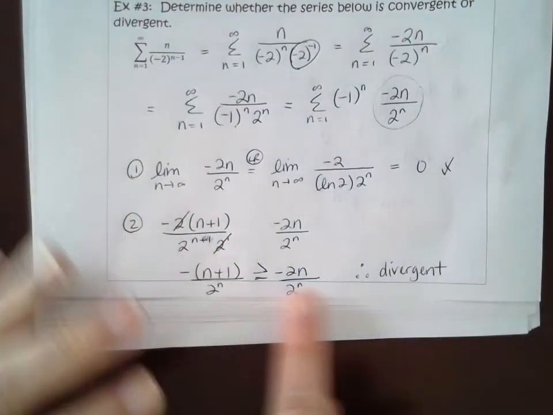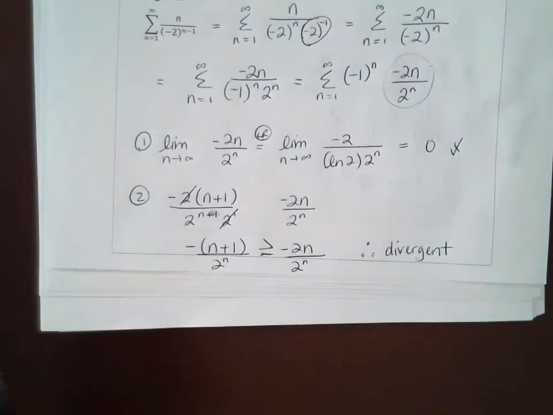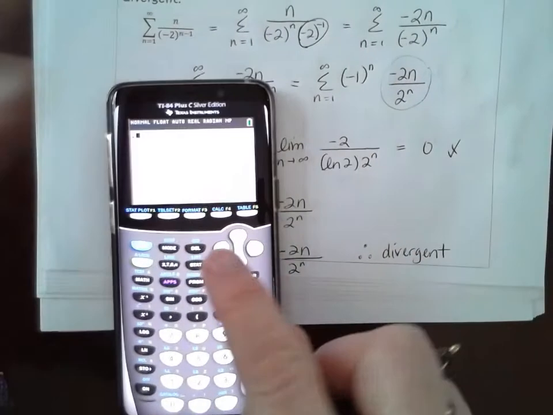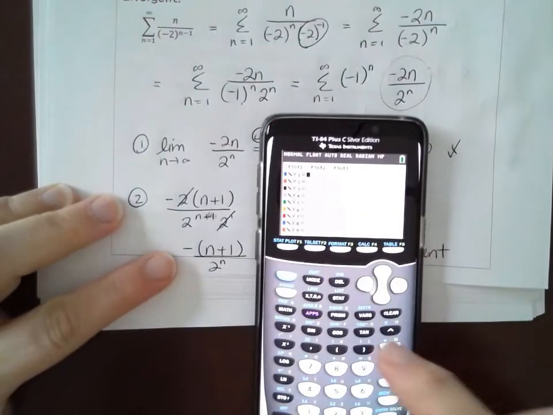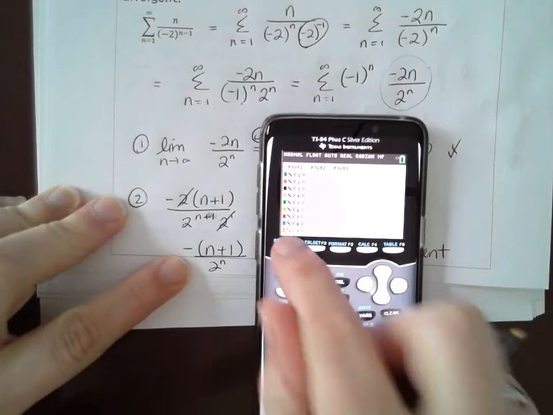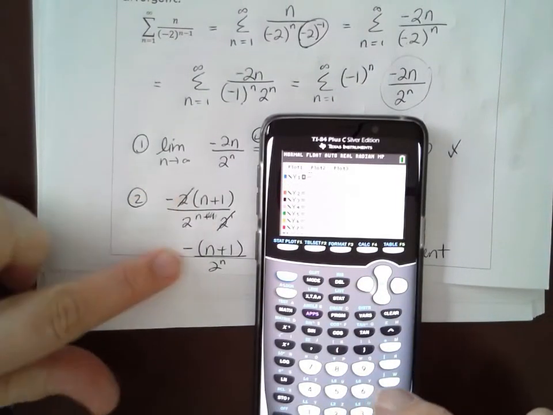Okay, let's say that you're not quite understanding this and you want a different way to examine which one is actually better. What you can do is treat the n like an x. I'm going to choose to type this in, but you could go as far as the very beginning here.